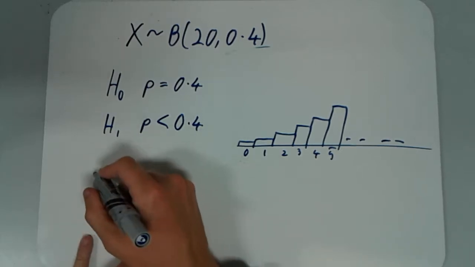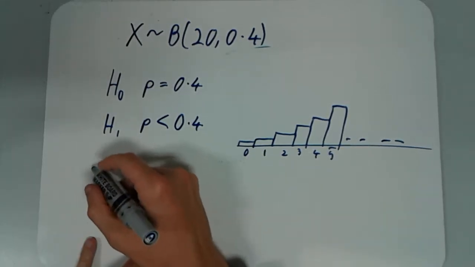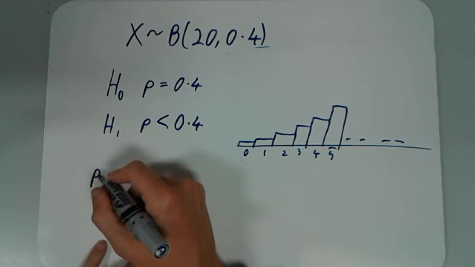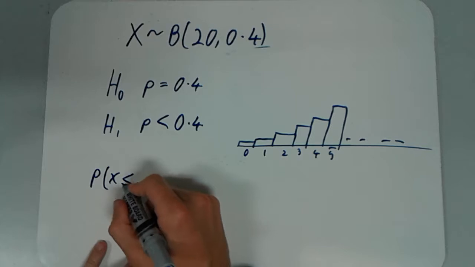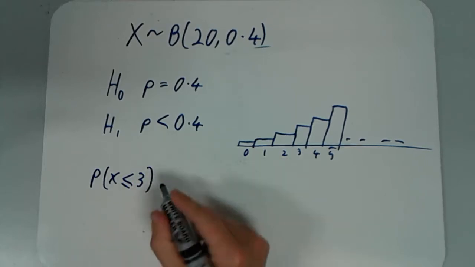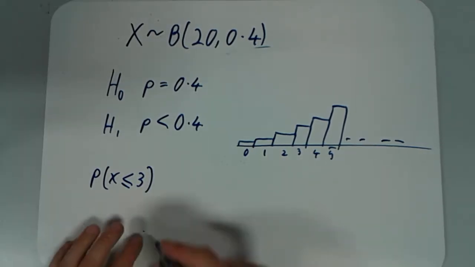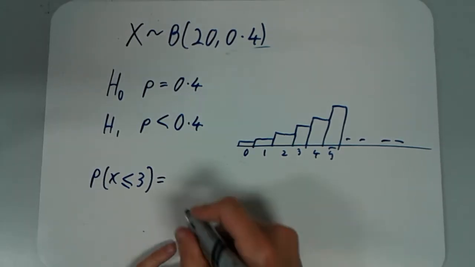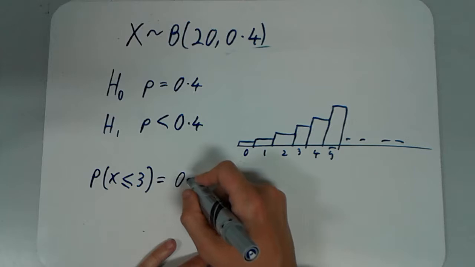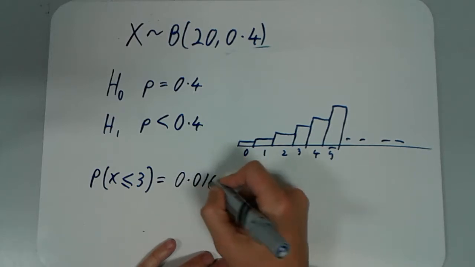So let's say that only 3 of our seeds germinate. What we'll do is look at the probability that we would have got 3 or fewer germinating seeds. So we'll look at the probability that x is less than or equal to 3, and that comes out as 0.016.